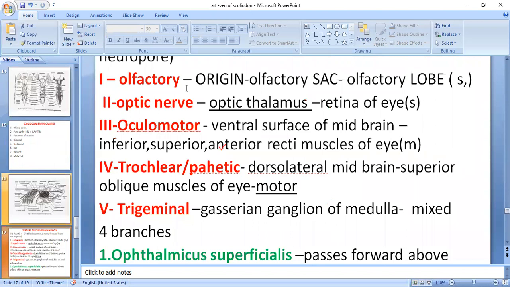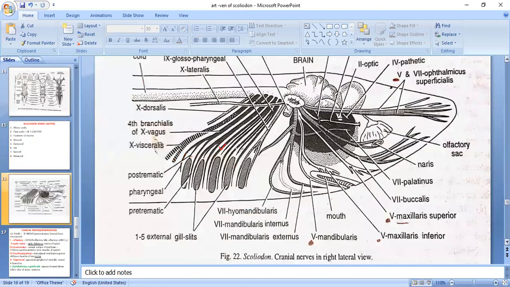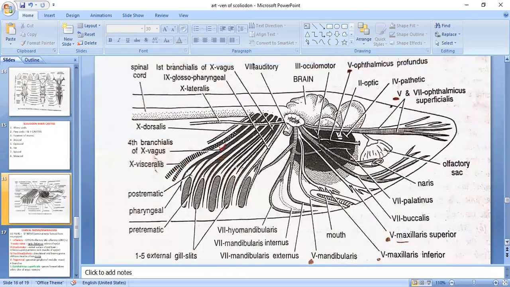Olfactory nerve. Okay, so optic nerve, oculomotor, trochlear, pathetic, trigeminal. So we see all these. The first one we don't see, the second one is optic, the third one is oculomotor, and the fourth one is pathetic. These are compulsory.